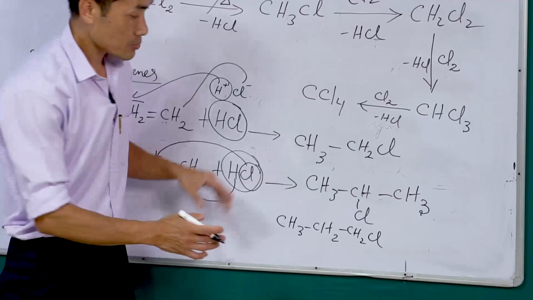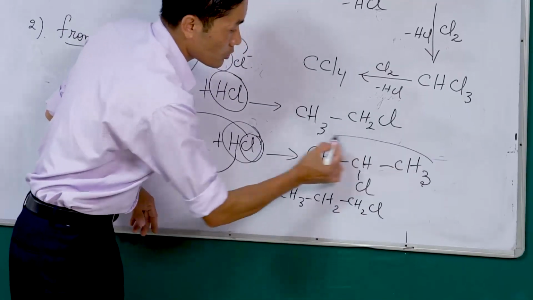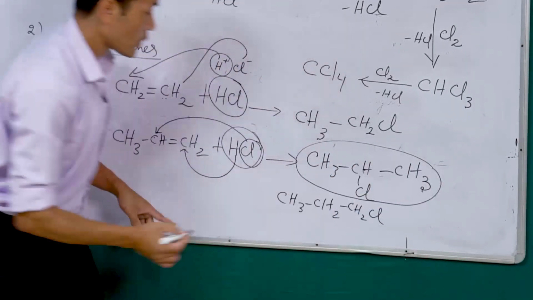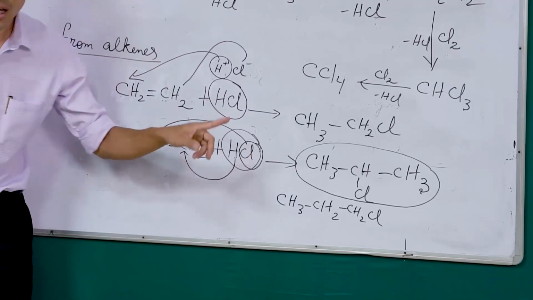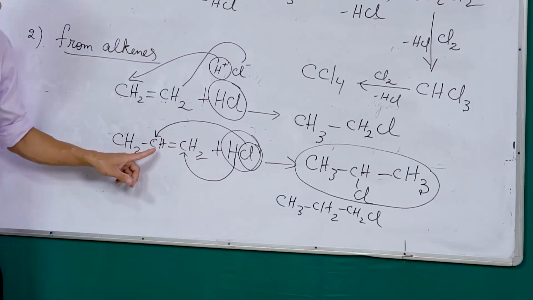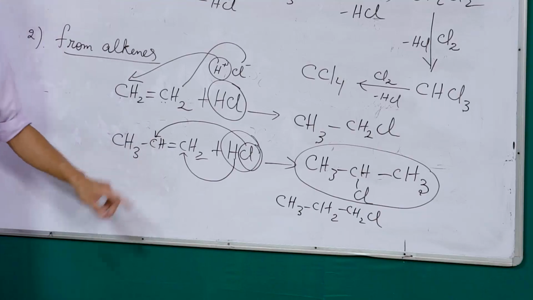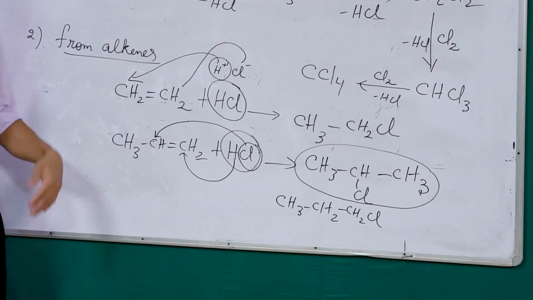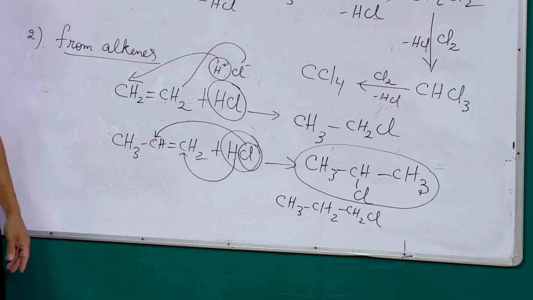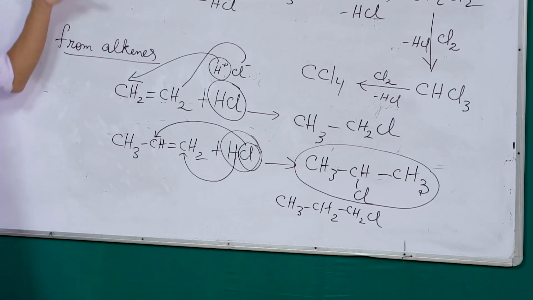Both of these two products may be formed, but the major product will be this one, the one in which the halogen, the negative part, has added to the carbon with less number of hydrogen atoms according to Markovnikov's rule.